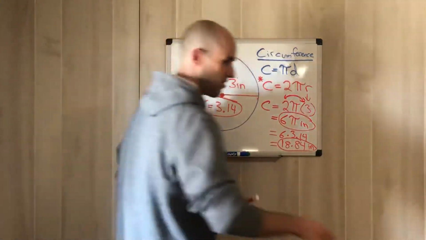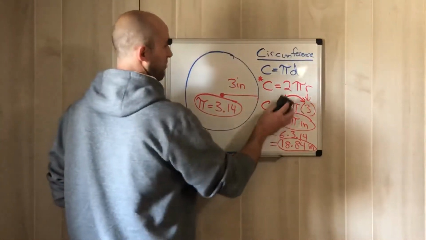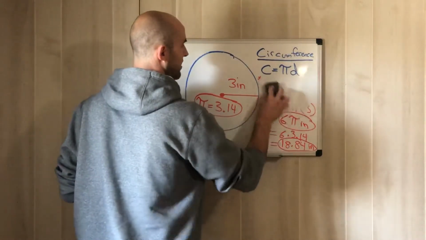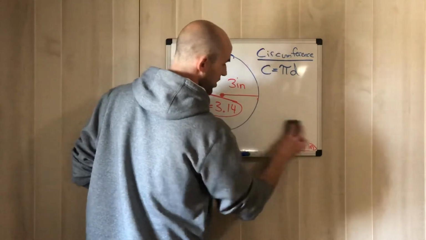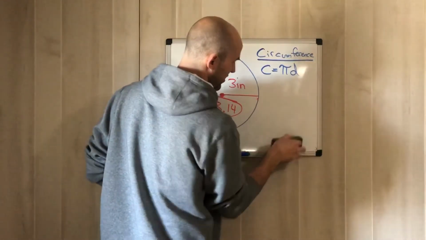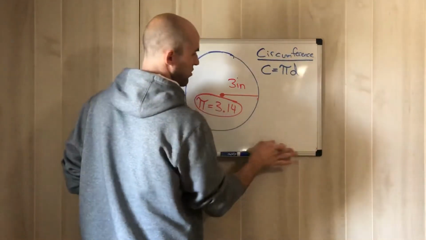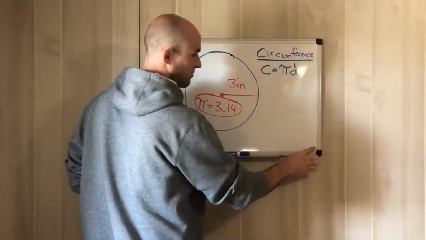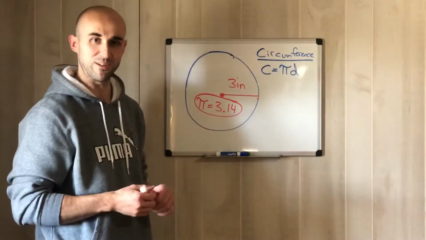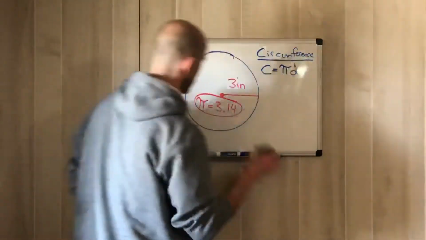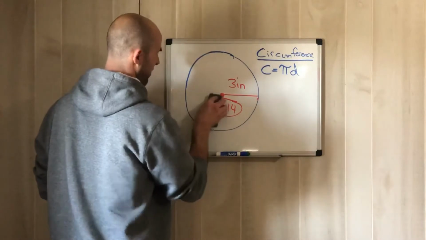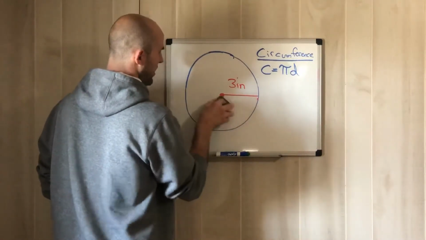So again, let's try another one out, because what I was trying to show you guys is that there are 2 formulas. You can use whichever one you want. For example, let's say that I wanted to use the first one, and a lot of people sometimes will do this because they think that formula is a lot easier for finding circumference with the diameter. You know that pi is 3.14, right? If you wanted to use this one too, you could.